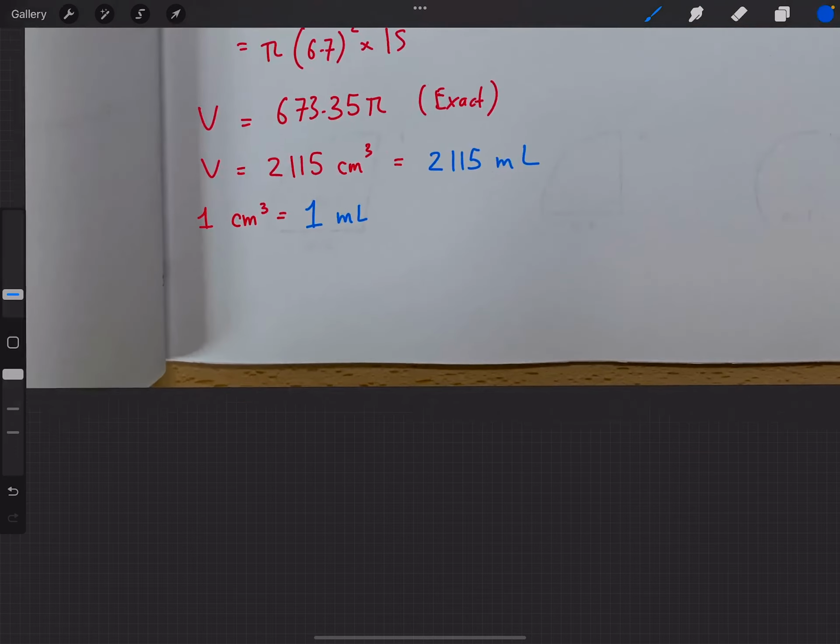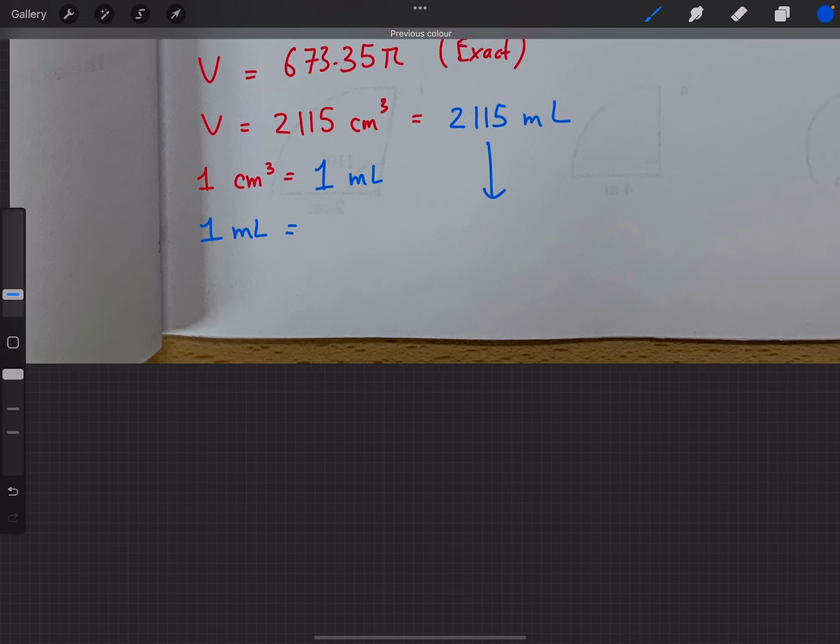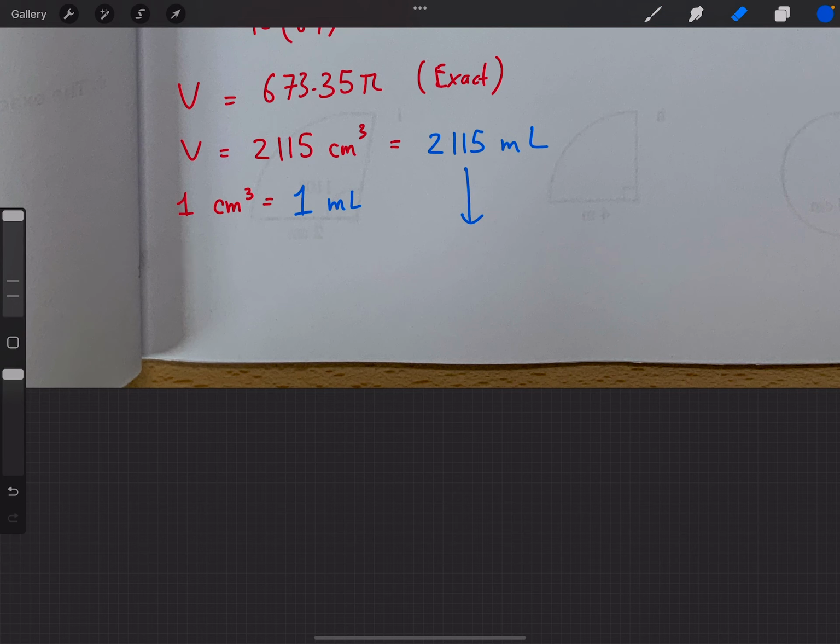All right. So now that we changed it to milliliters, we can change it to liters. Remember that 1000 milliliters is equal to 1 liter.